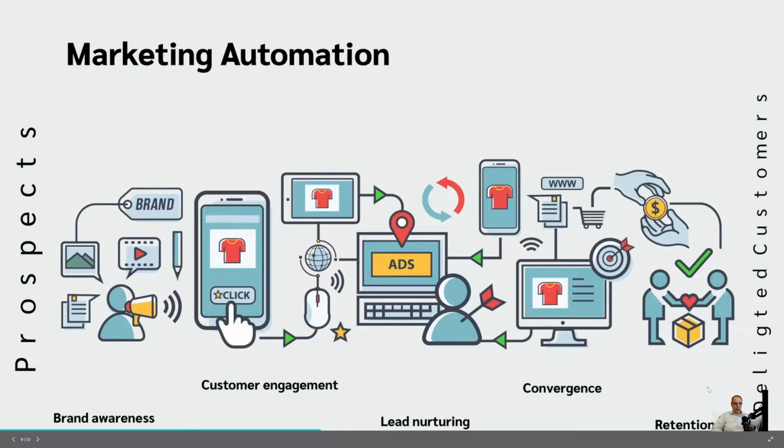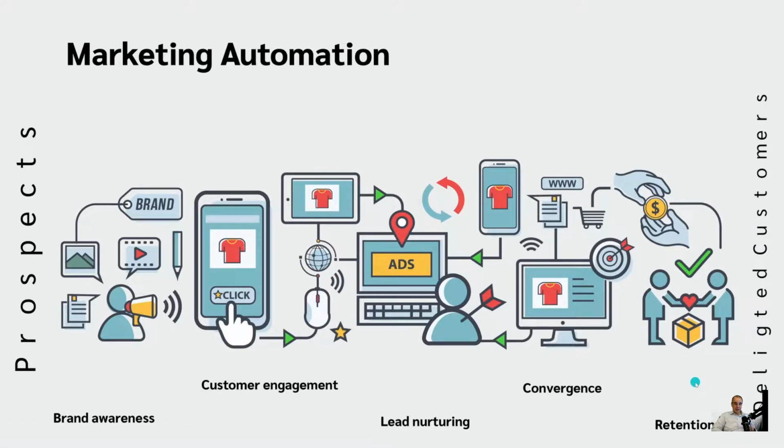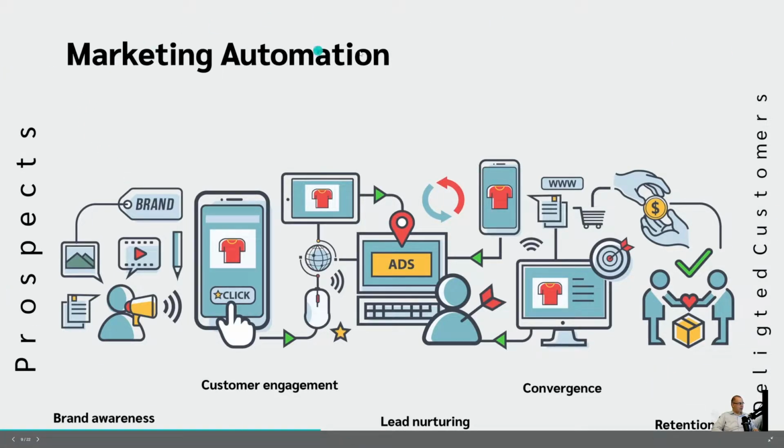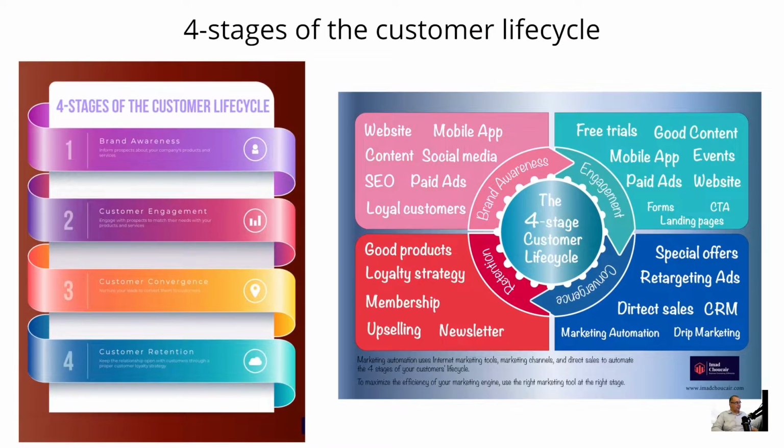Even after you become a customer, there is the upselling and the retention process as well. They can give you documentation to help maximize the value that you get out of the product. Because if they don't do that, maybe it will be the last time that you buy from a certain company. So this is a very exciting way to look at how you can automate marketing for your company.